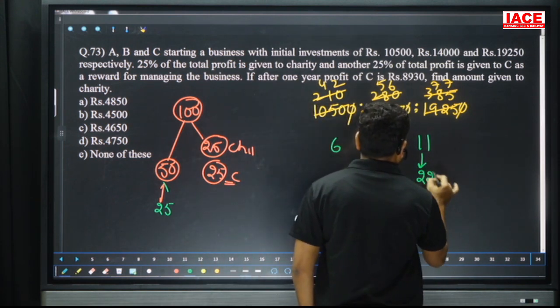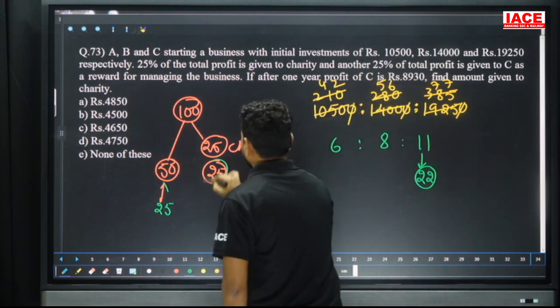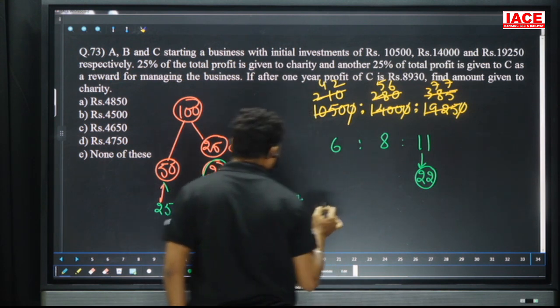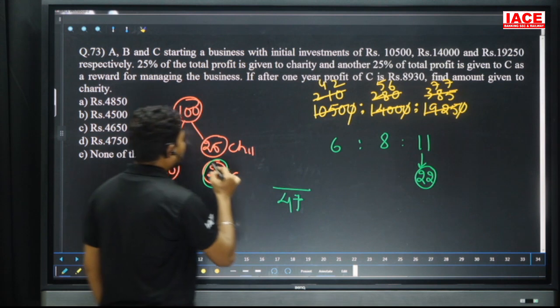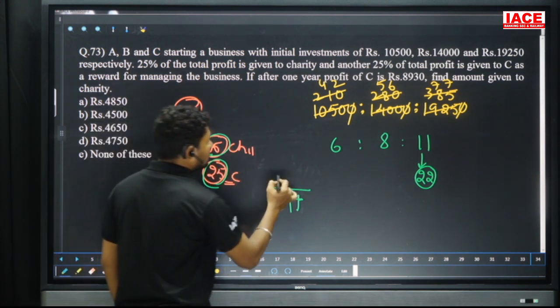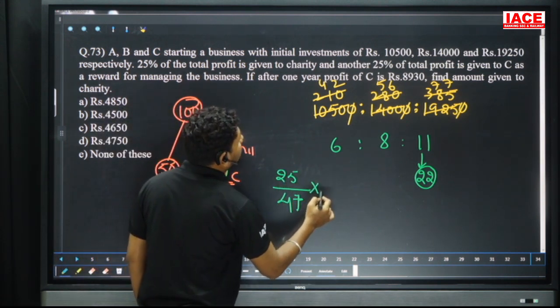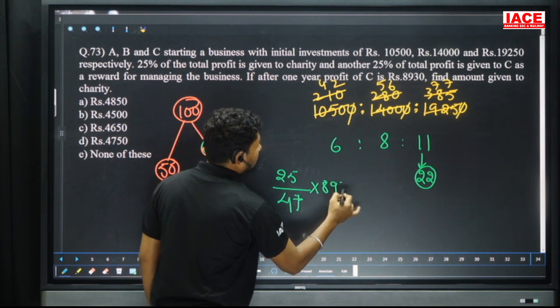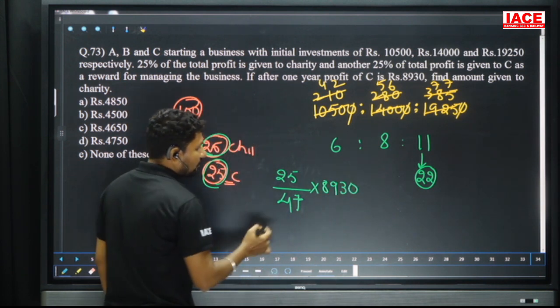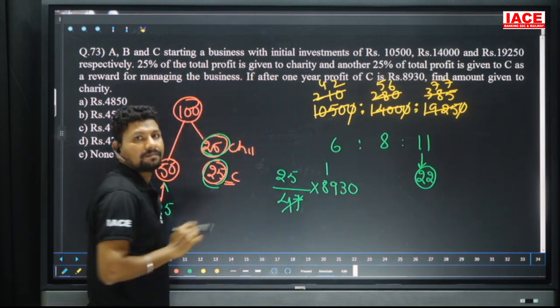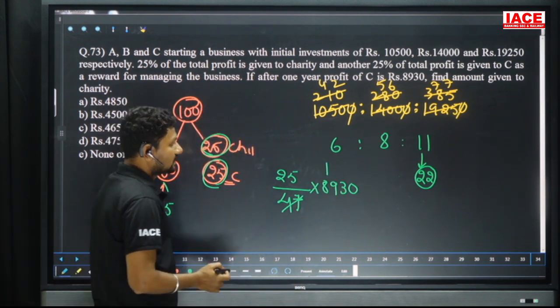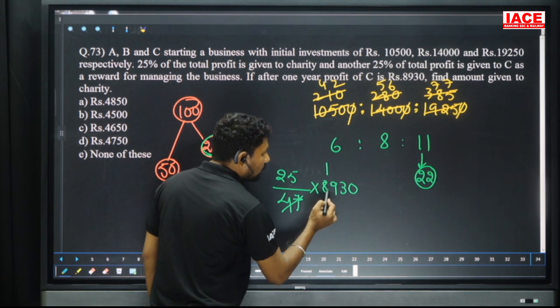22 plus 25, he will get 47 parts. He will get how many parts? 47 parts. But the charity's money is how many parts? 25 parts. 25 by 47 into 8930. 47 2 is not possible. 47 1 47, 1 47. Remaining value is 423.